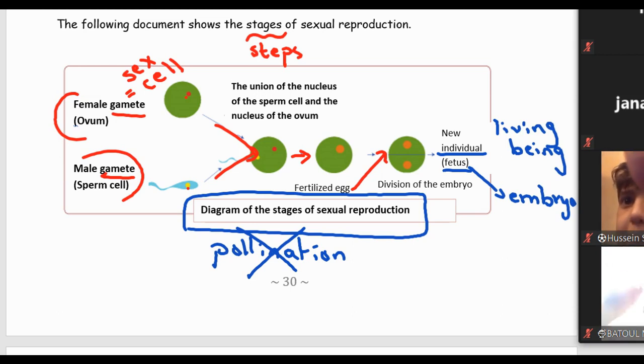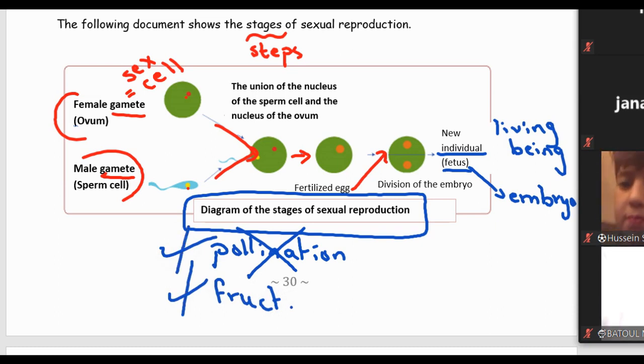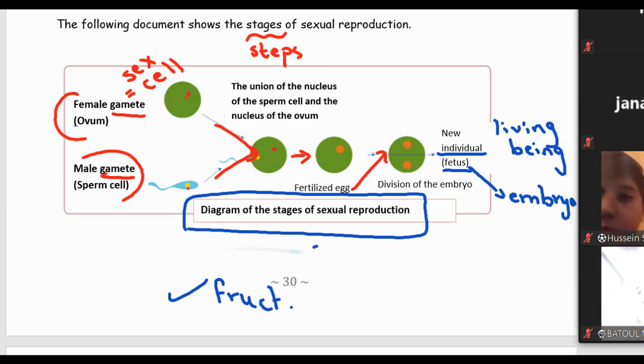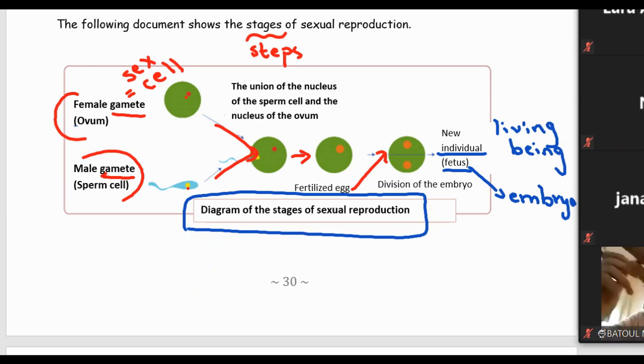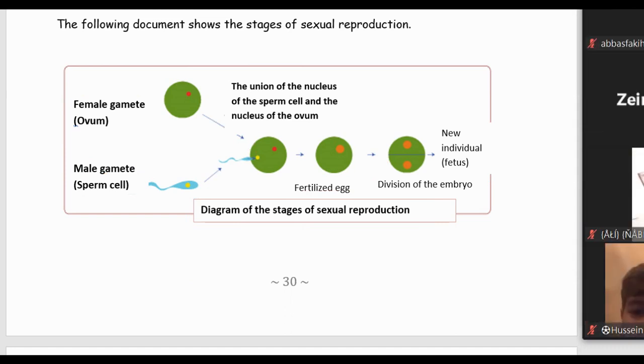So we cannot say that the pollination and fructification stages are done in animals. Only fertilization will take place in animals' reproduction. So this is the diagram of the stages of sexual reproduction in animals.